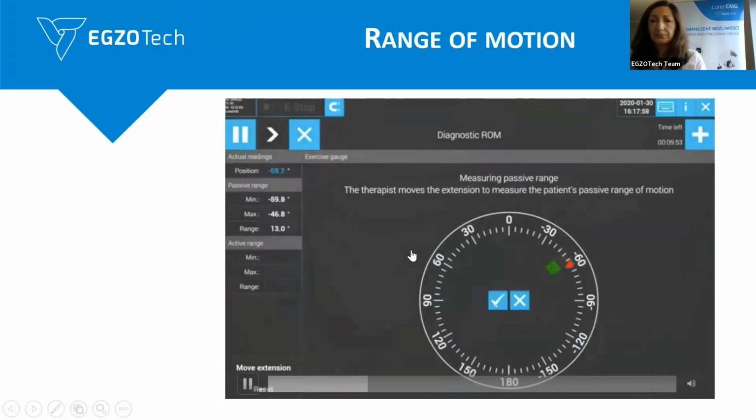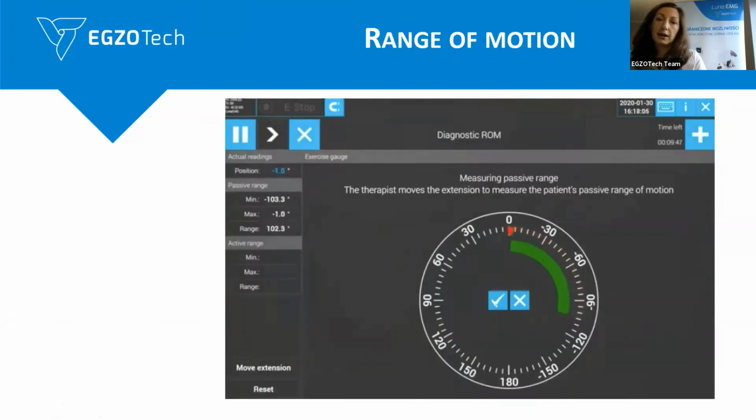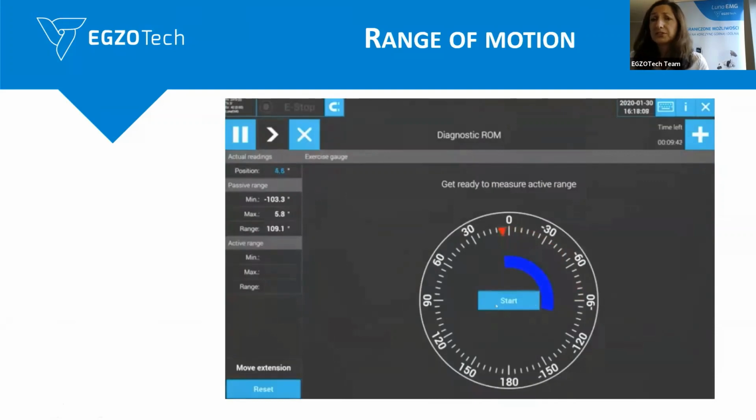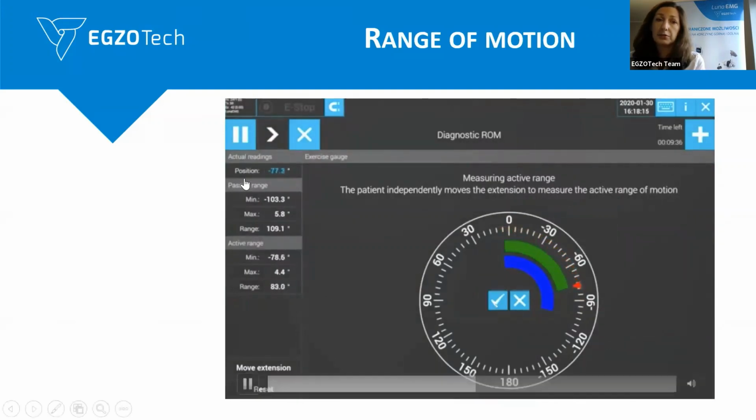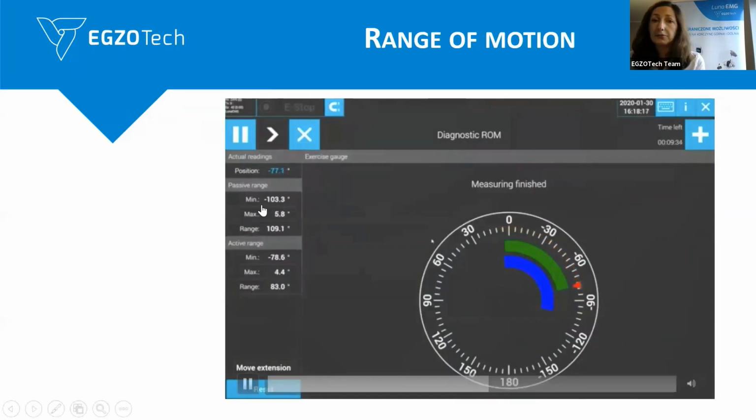So we can assess both the passive range of motion, and then we can ask the patient to start with the active range of motion, and we can, of course, here on the left hand side see the difference and what is the range.